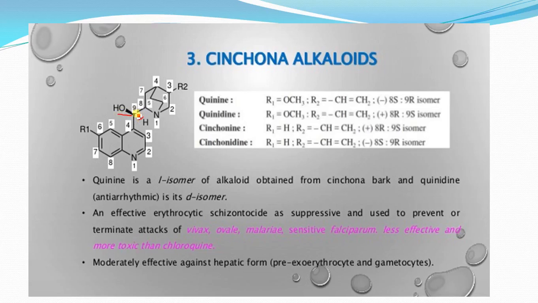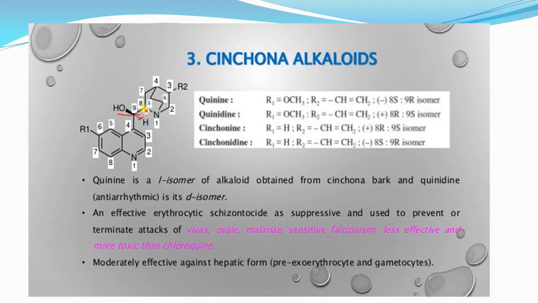So when we consider this 9 number carbon, this carbon is chiral in nature, so it has R and S configuration. The 8 position is S in the case of quinine, R in the case of quinidine, R again in the case of cinchonine, and S in the case of cinchonidine. This one is the 9 position and this one is the 8 position.